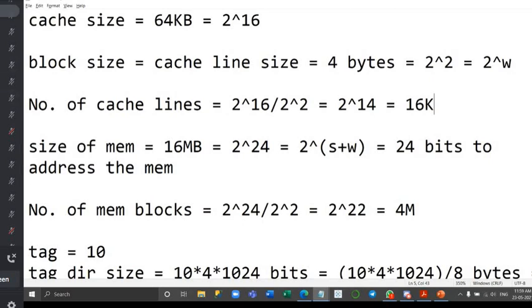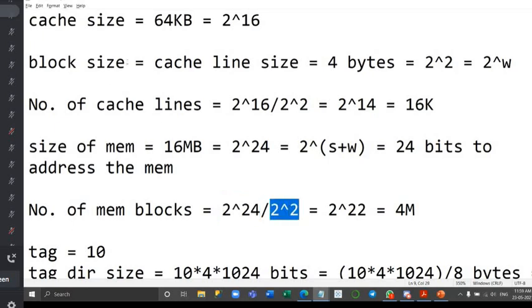Yes, please. Somebody was saying something. Rodrigo: This number of blocks in the main memory, will that be equal to the number of cache lines? No. First of all, the number of blocks in the main memory is the total memory size, 16 MB, which is 2 to the power 24, divided by the size of each block.